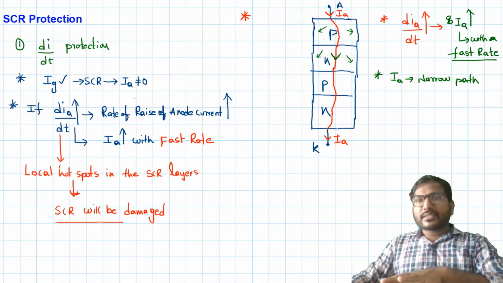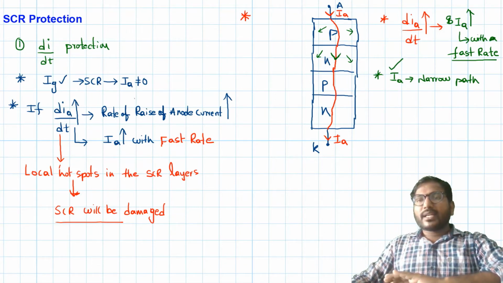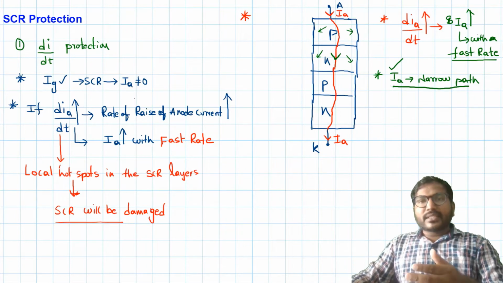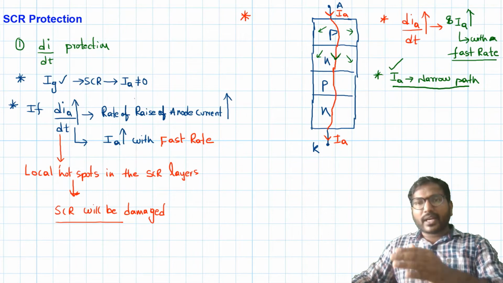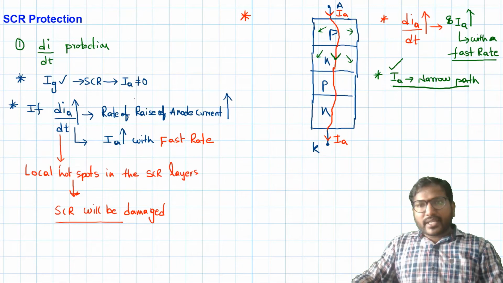But where dI/dt is more, IA chooses a narrow path. This red line is the narrow path chosen by IA.